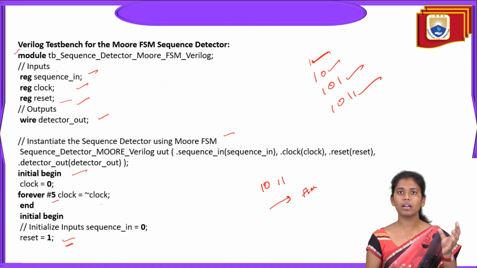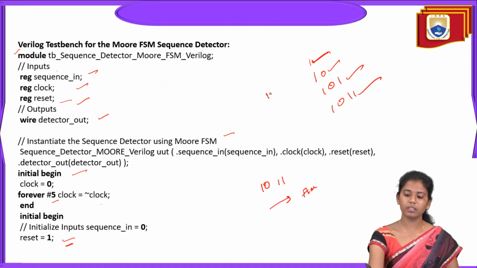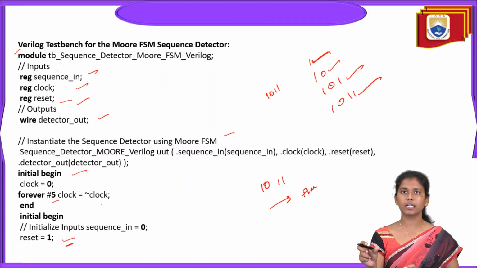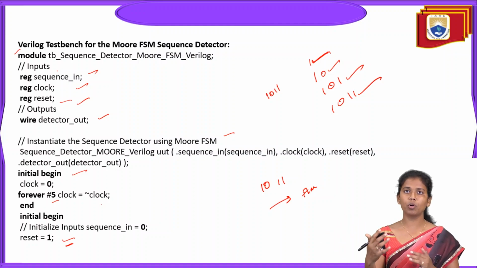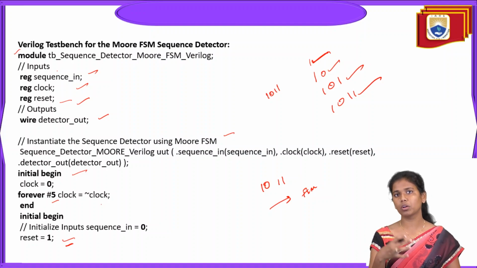So in the question they are asked to write the code. Code should be in terms of a 1011 sequence detector. As the name indicates, sequence detector, we have to instantiate it in our code, initialized based on the module keyword, instance name, and then the port list. After the port list, initialization of the inputs as well as the outputs. So what are the inputs and what are the outputs?